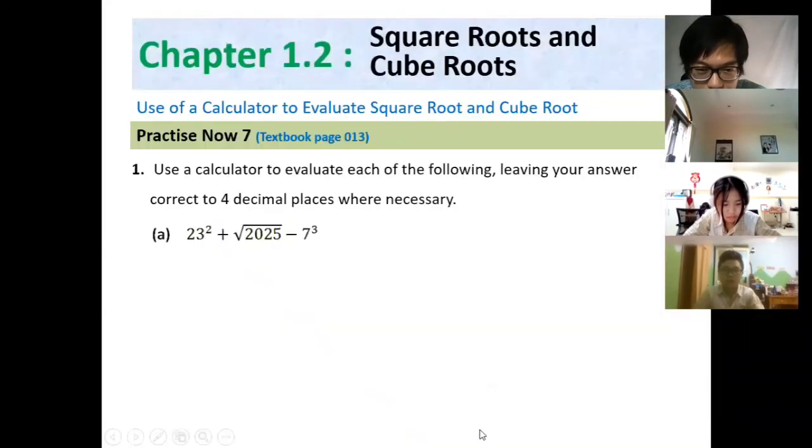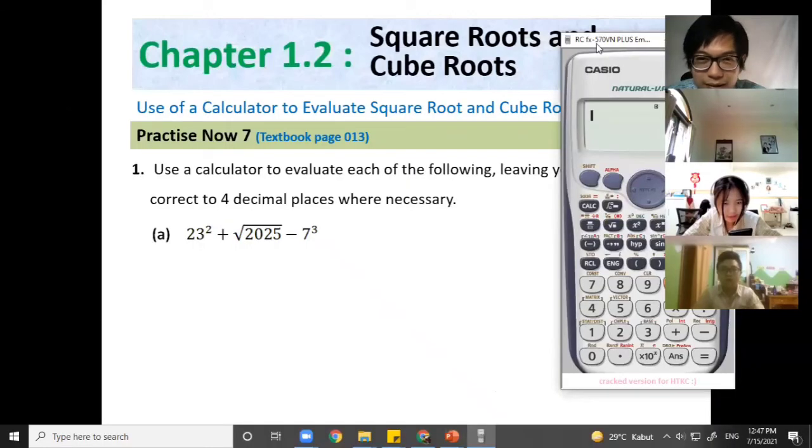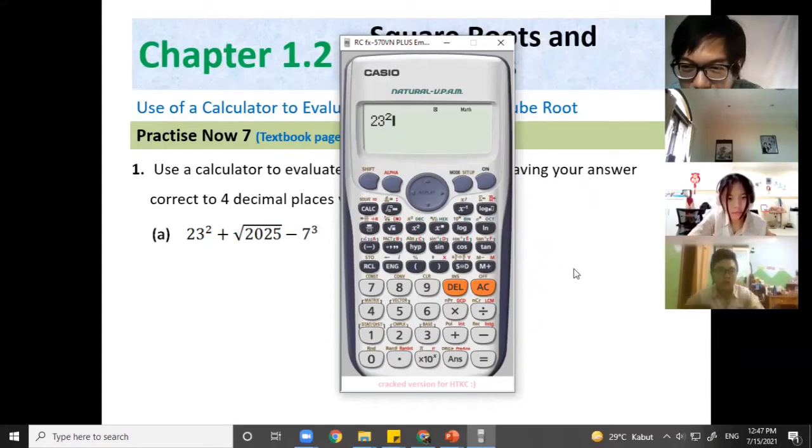Wait, where's the calculator? Ini dia. See, sama ya. So 23 square, just write it down. 23 square. Can you see my mouse movement? Kelihatan nggak mouse-nya gerak-gerak?